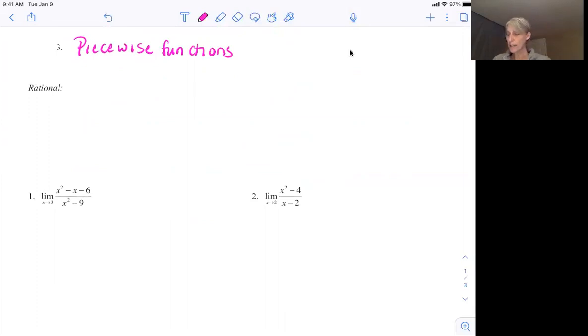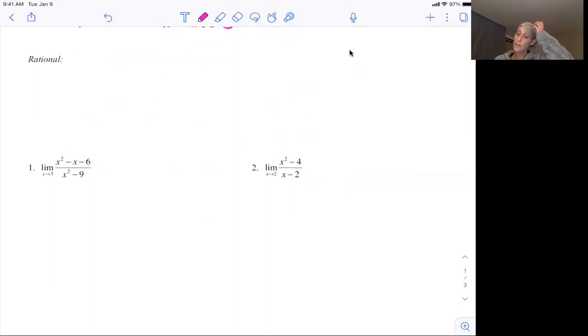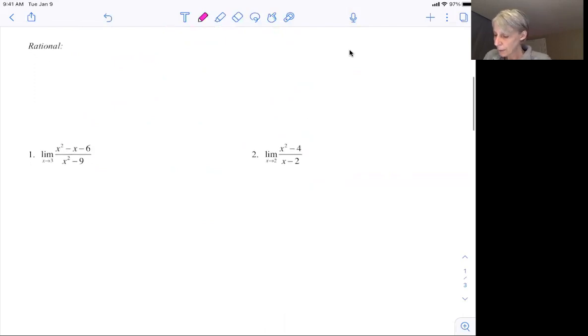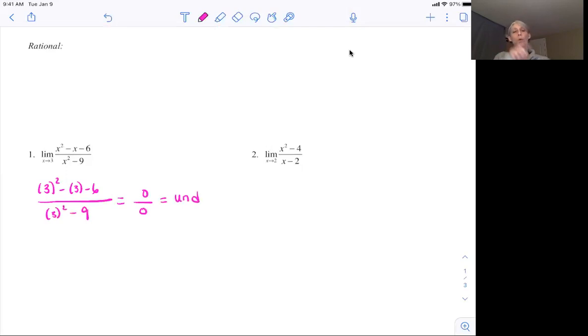If we take this example, the limit as x approaches 3 of x squared minus x minus 6 over x squared minus 9, if I plug in 3 to start with, I'm going to wind up getting 0 over 0, which means when I plug in my c value into this function, it's undefined. I won't get an answer.